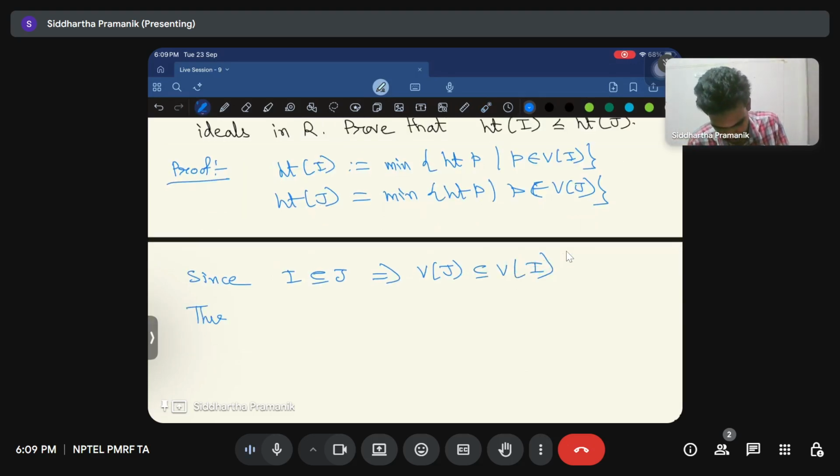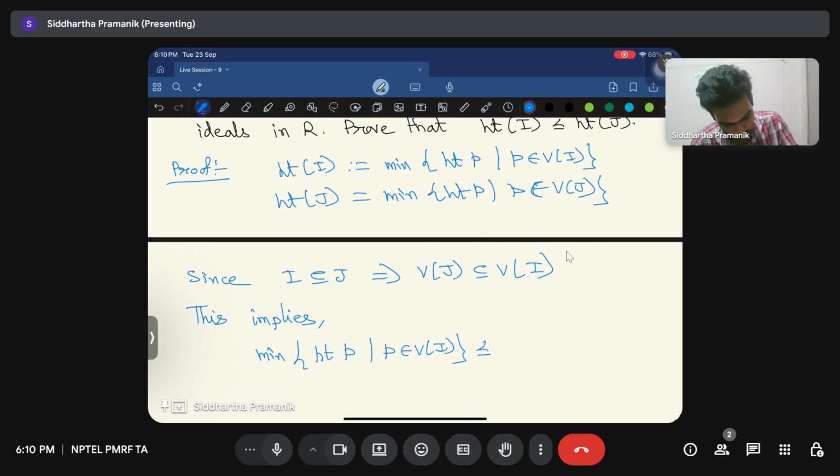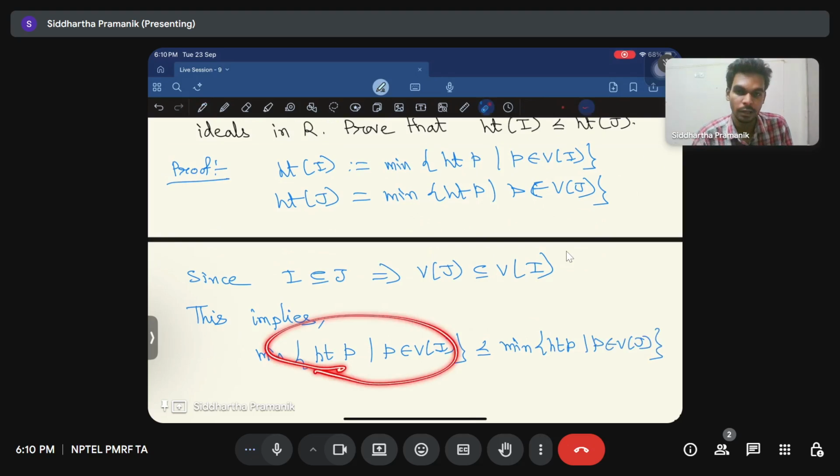So this implies the minimum of height of P such that P belongs to V(I) should be less than or equal to the minimum of height of P such that P belongs to V(J), because here we are taking the minimum over a bigger collection.